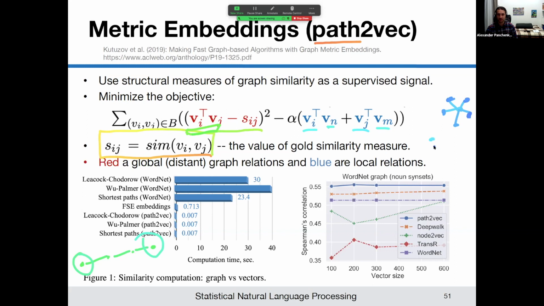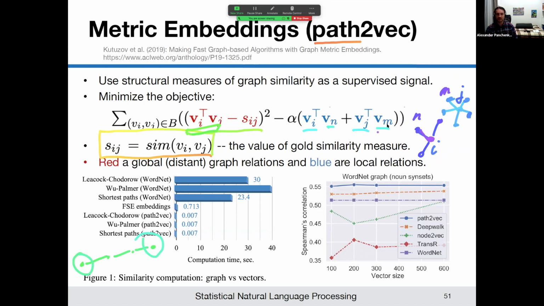So you have node E, and then you have node G, and you will ensure that these nodes like N and then M and others will also be similar to this node.